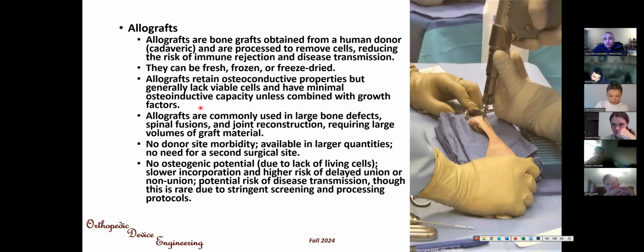The second source is allograft. It's the bones from other people, like the kidney, liver, heart, lung that we transplant to other people. We can use their bones for transplant, but there is a difference. When you transplant kidney or heart or lung or liver, you have to use immunosuppression to decrease the interaction between the proteins in the kidney or liver or lung of the donor and the recipient.